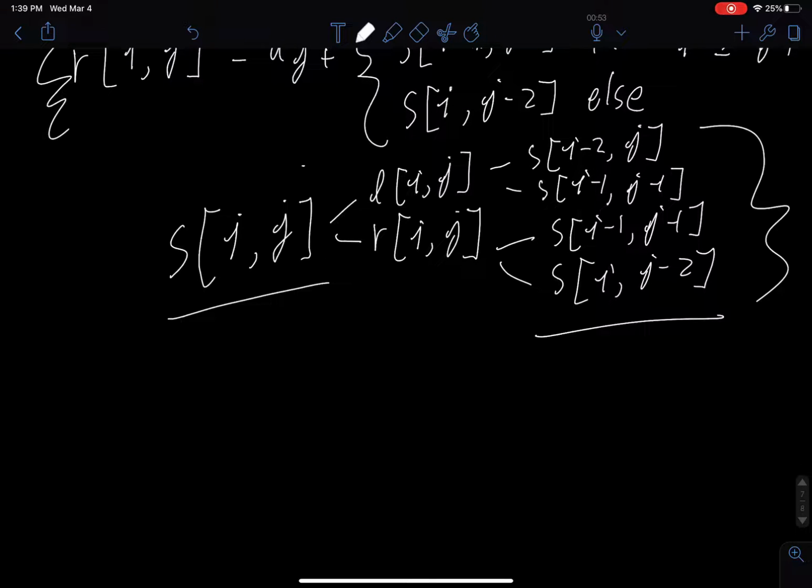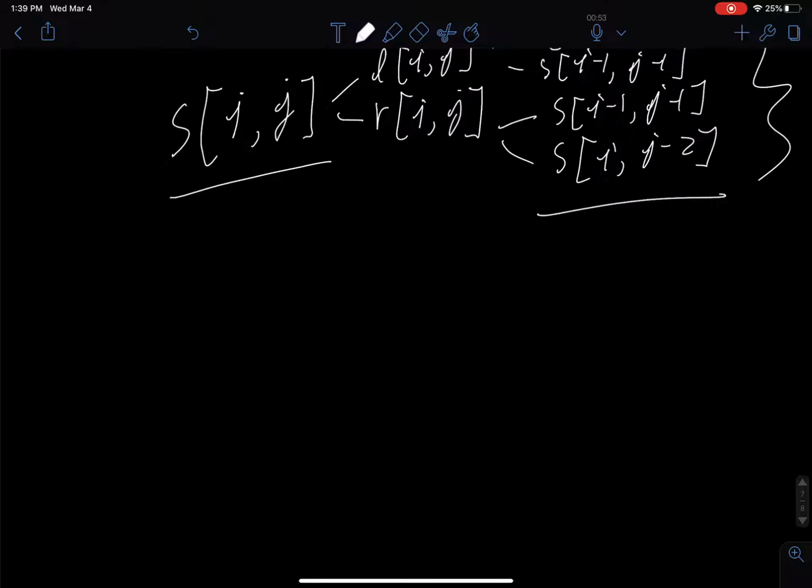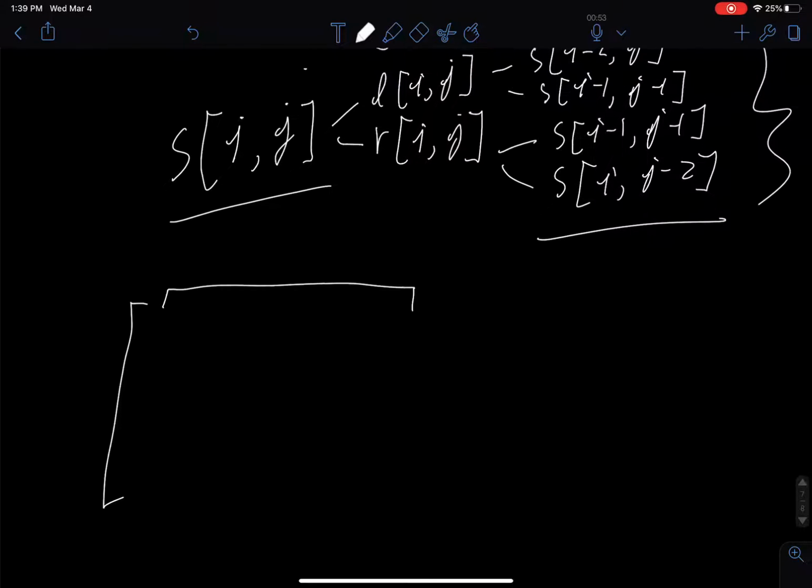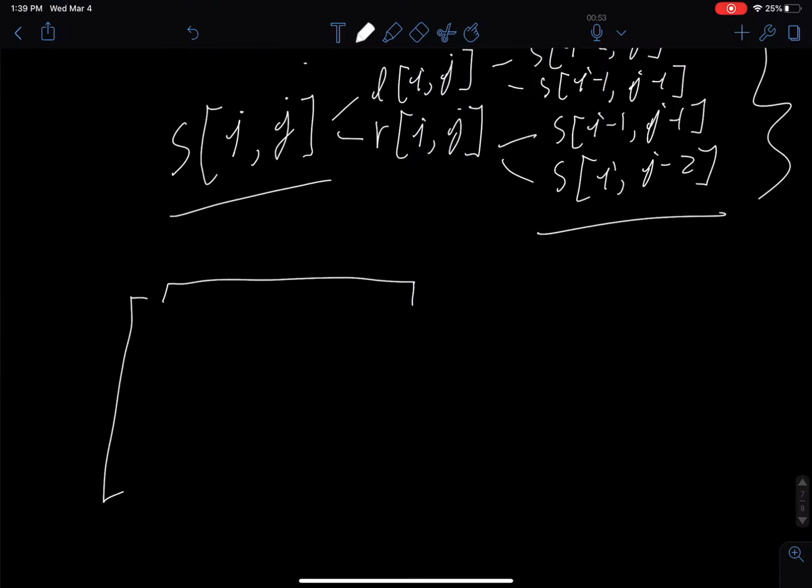Well, the one observation that we can make is we can think of it, well, let's do a matrix. Just like we did for question number 2, let's do a matrix for question number 4. Matrices are often a really, really good way to look at these problems. Let's say that this axis up here, this is going to be an n by n matrix.